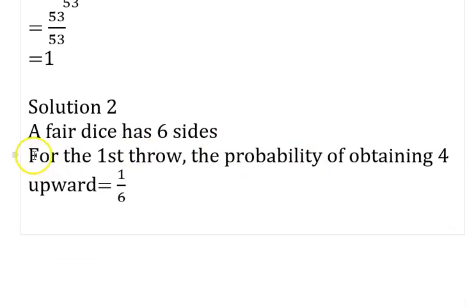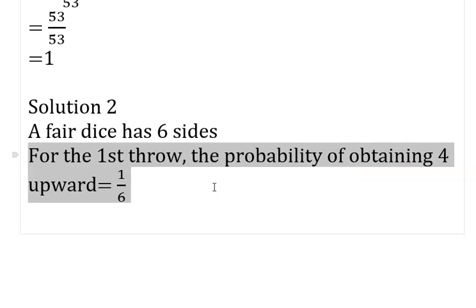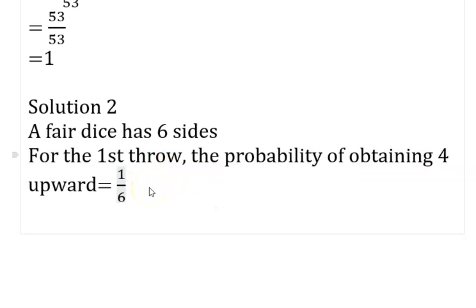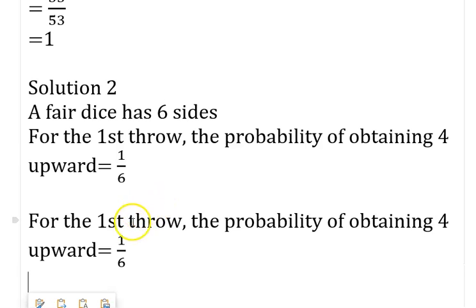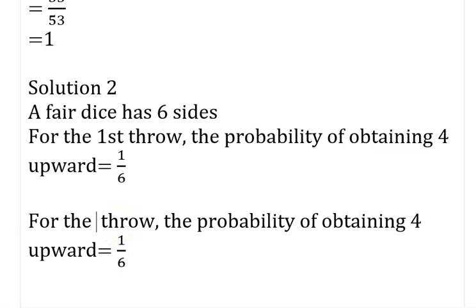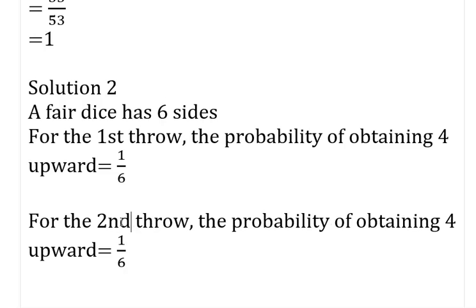The same thing applies to the second throw, because we are told that we have to throw it up 3 times. For the second throw, the probability of obtaining 4 again, or 5, or 6 will still be 1 over 6, because those numbers appear only once, and the numbers in the fair die were 6.